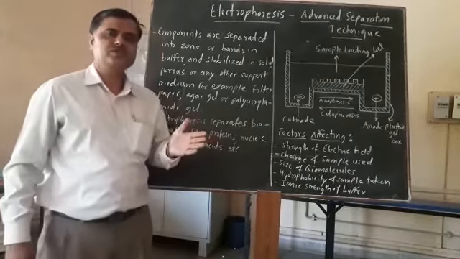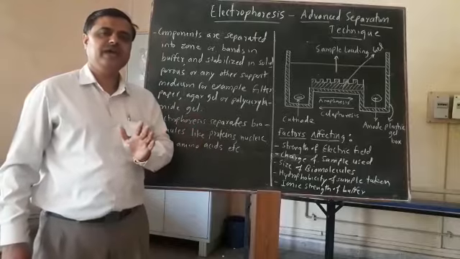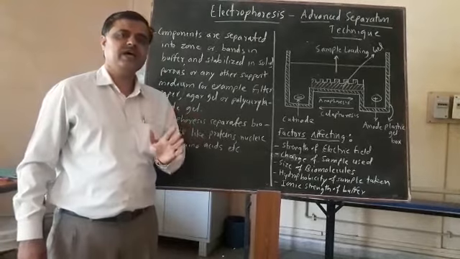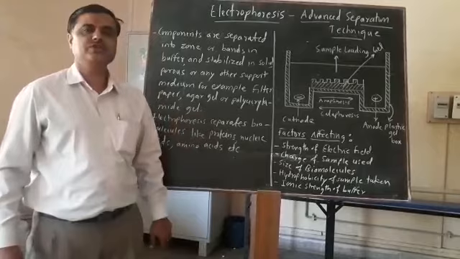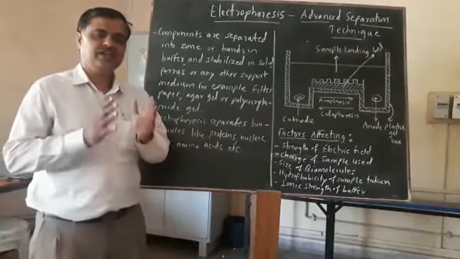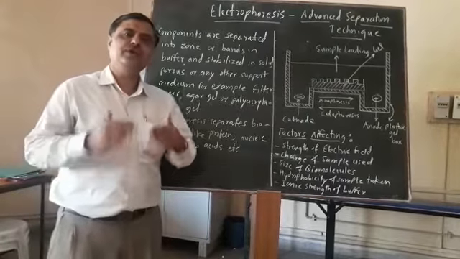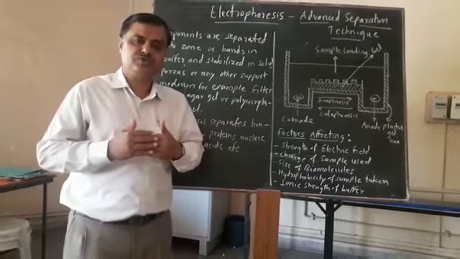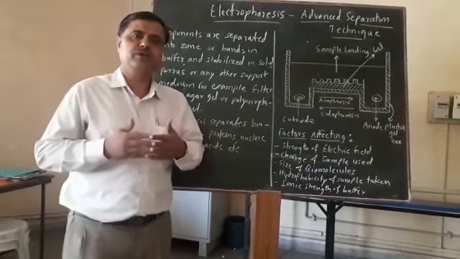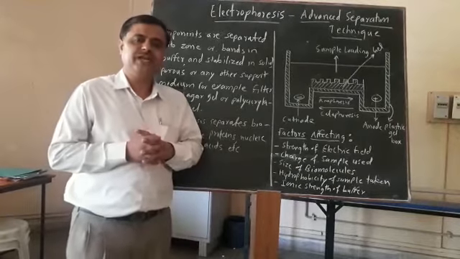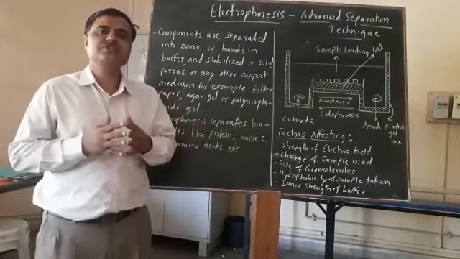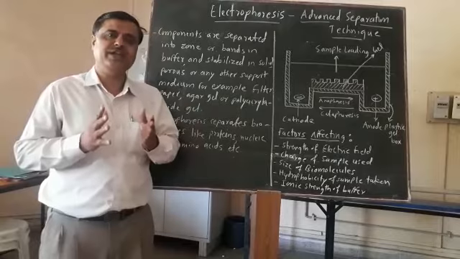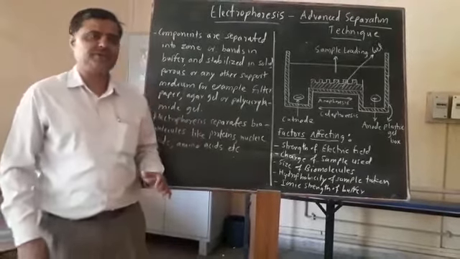That means positive is moving to the negative and negative particles are moving to the positive direction. That means there is attraction between the opposite poles and repulsion between two positive sides or between two negative sides. That's why opposite poles, positive and negative, always have attraction.